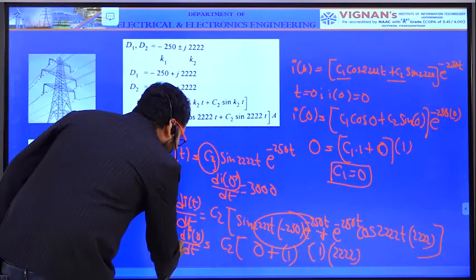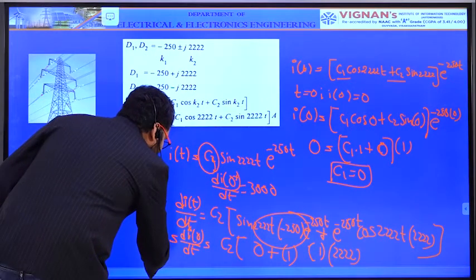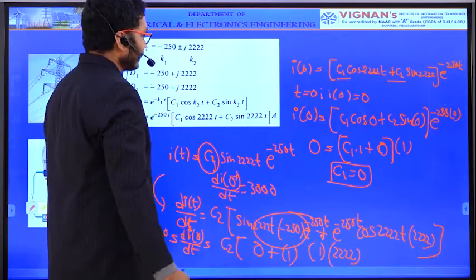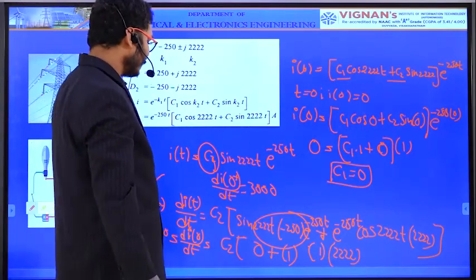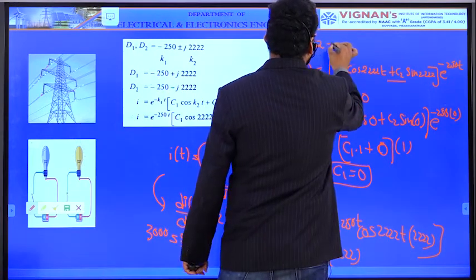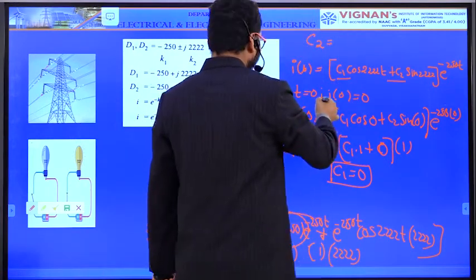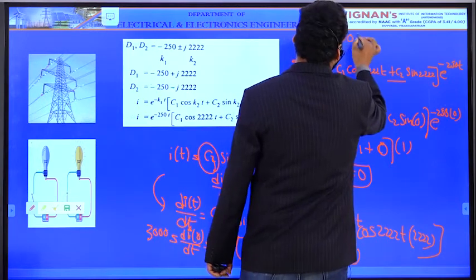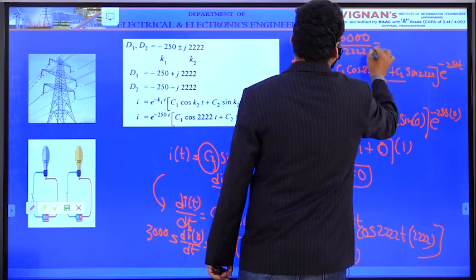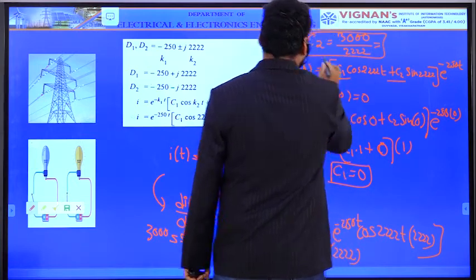The value of di of 0 by dt is 3000. Finally, C2 equals 3000 divided by ω.